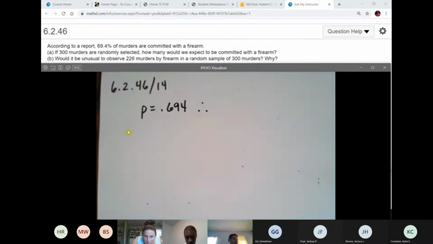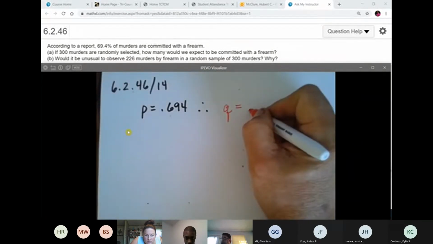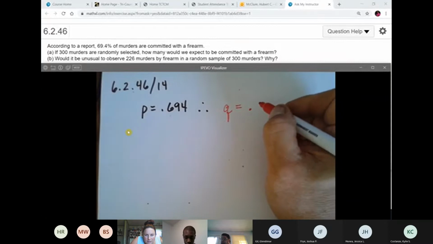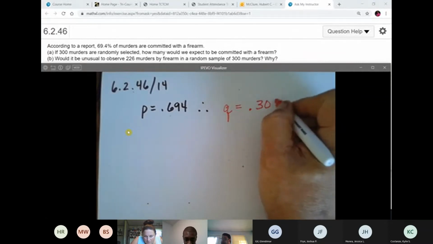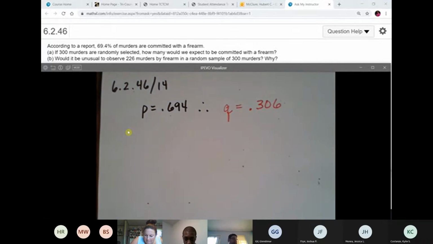Therefore, Q is equal to, somebody tell me what Q is equal to. 0.306. That's the complement. And no, I'm not going to tell you how I got that, because we've been doing the complement since the beginning of the class. So y'all should know how I got 0.306.